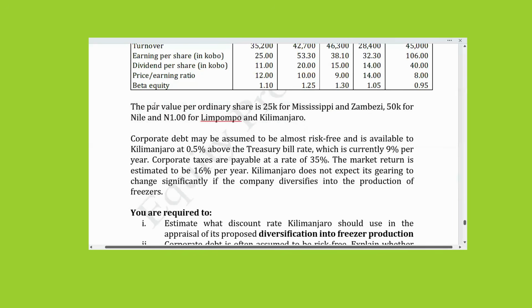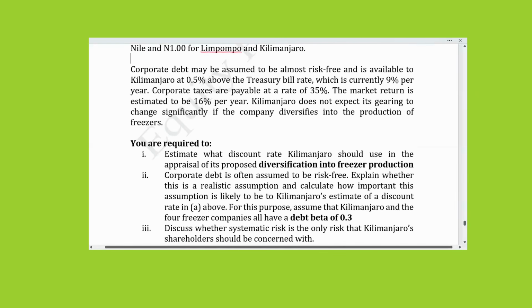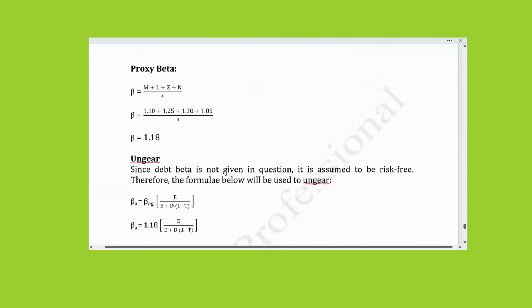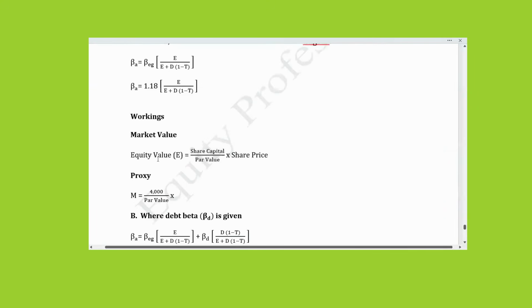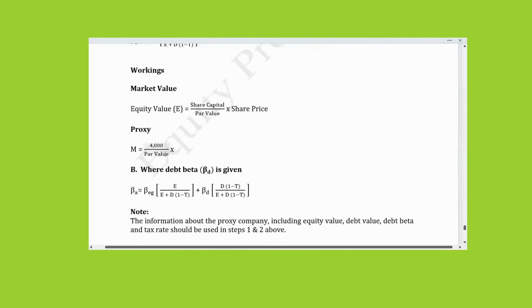We are told that the par value per ordinary share is 25 kobo for Mississippi and Zambezi. So par value of Mississippi is 25 kobo. So this one will be 0.25. 25 kobo is 25 divided by 100. That's 0.25. That's the par value.